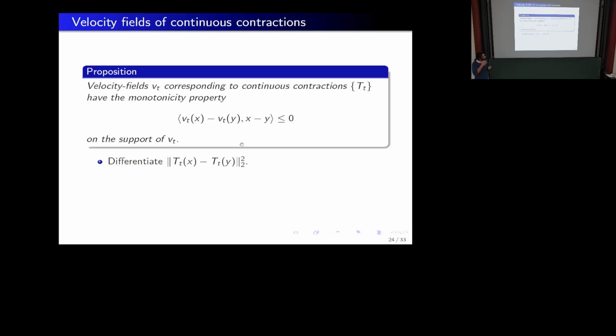Now, one small remark that I want to make, which may or may not be useful to people and will certainly not be very useful to me in the talk later, is that continuous contractions locally in time look like optimal transport contractions. Continuous contractions will do whatever they have to do, and optimal transport maps travel along straight lines. But if you infinitesimally stand at a point and look at what's happening, it is like an optimal transport contraction.